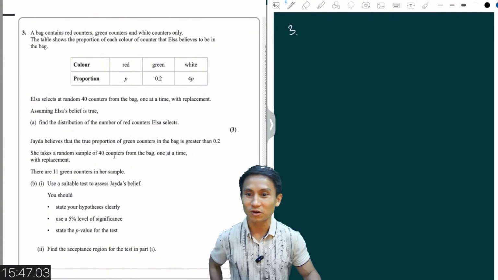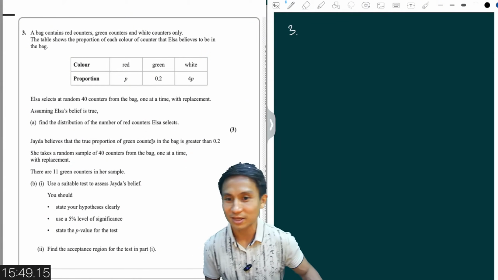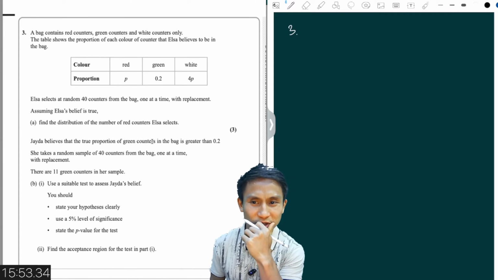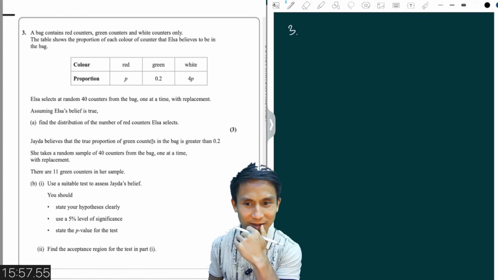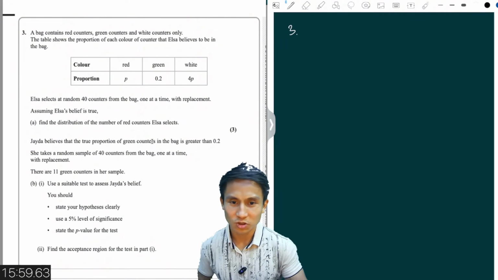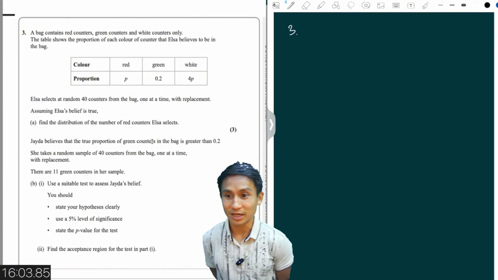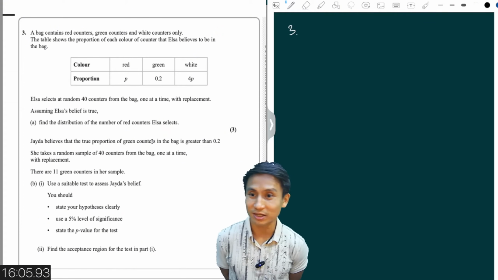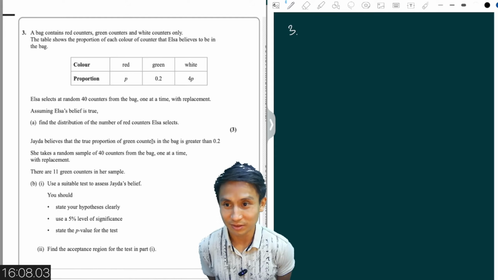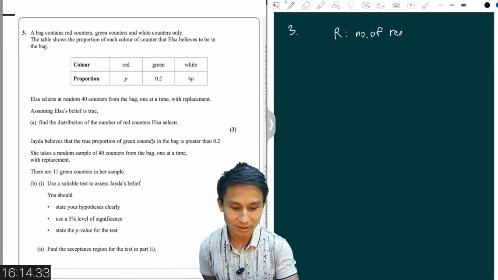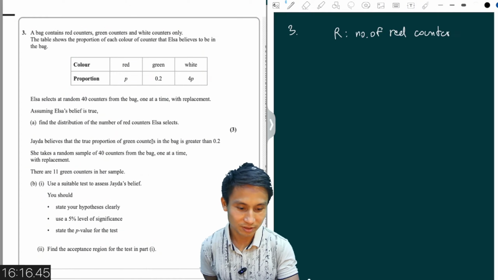Find the distribution of the number of red counters Elsa selects. Right. Okay. So this is finding the probability distribution, if I'm interpreting this correctly. So we're going to do R as the number of red counters.